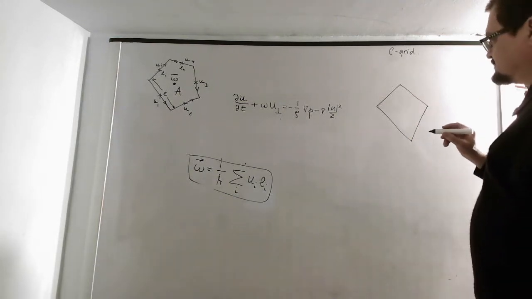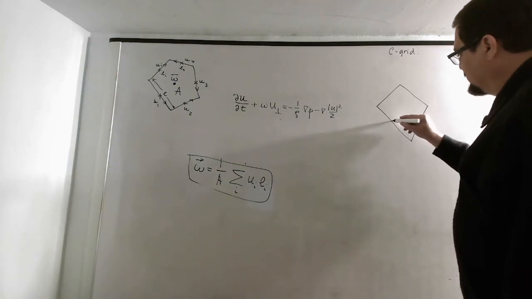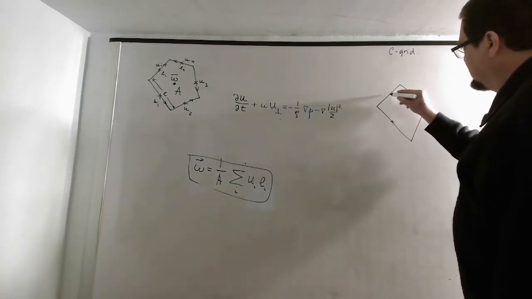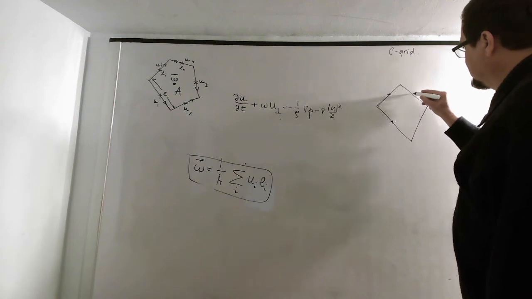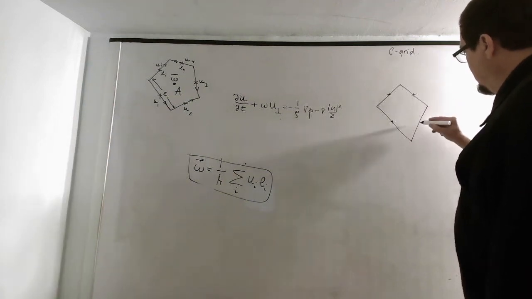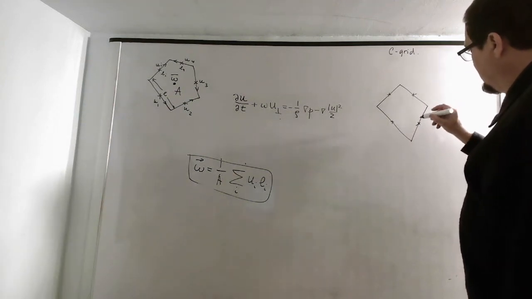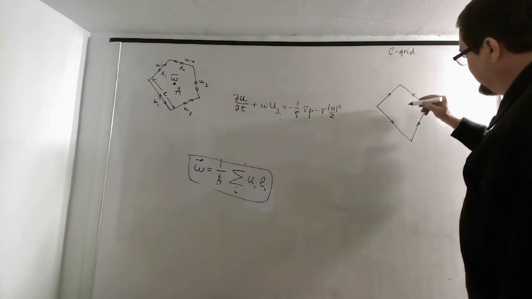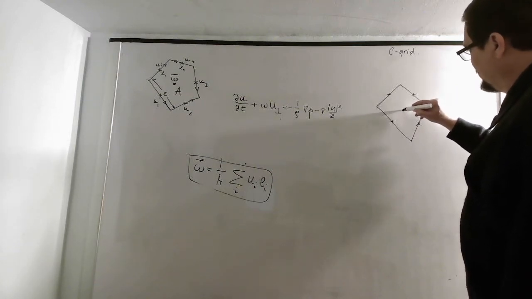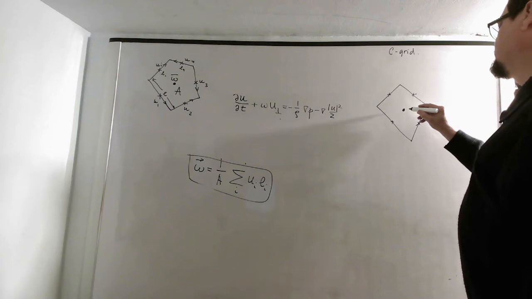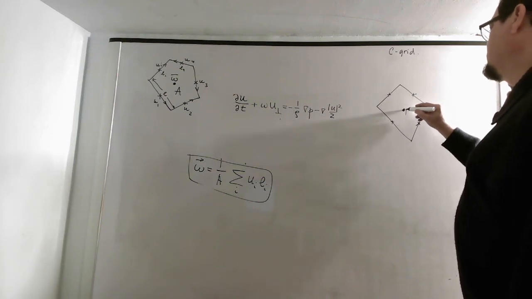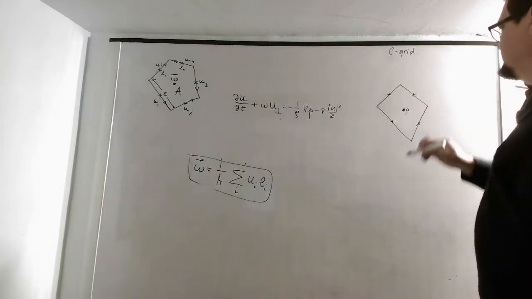So now let's define velocities at the centers of those edges, somewhere here. And now we define the scalar point here. This is going to be our P, where P is defined for our gradient.